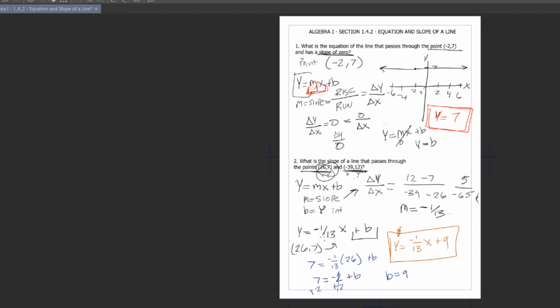From there, we take one of the points, 26, 7, and plug it into y equals negative 1 over 13x plus b, and we solve for the y-intercept, which is b. Solving gives us b equal to 9. We put everything together, and we get y equals negative 1 over 13x plus 9. And that is the equation we solve for.